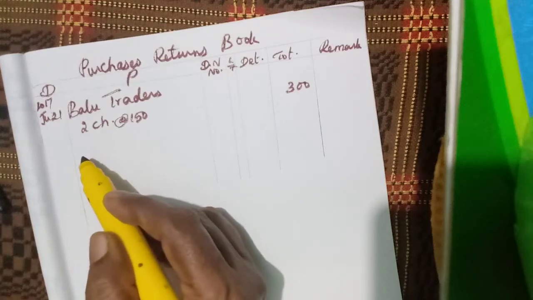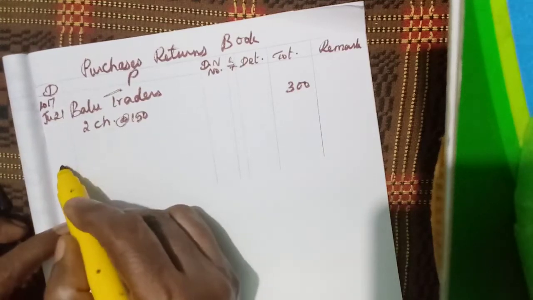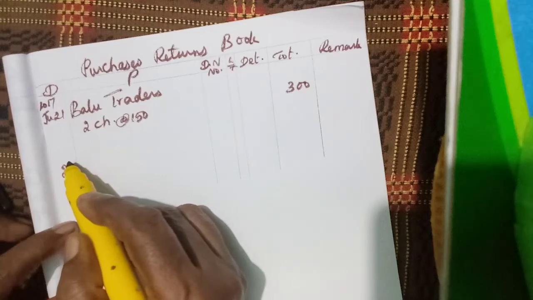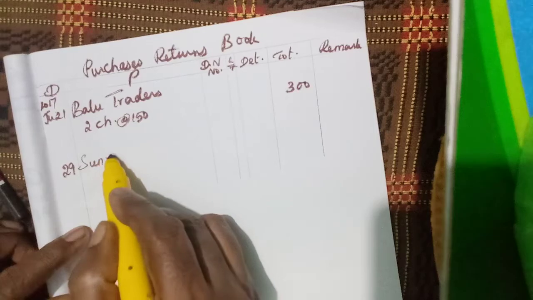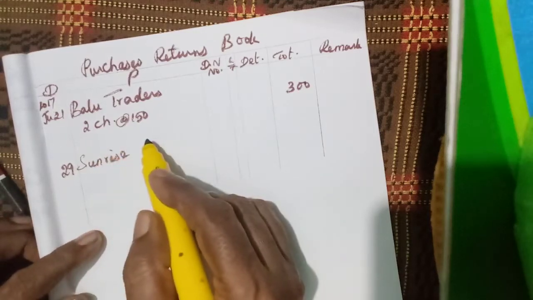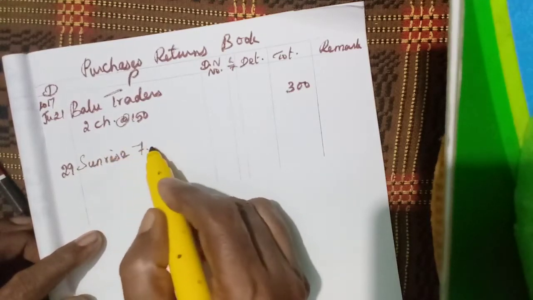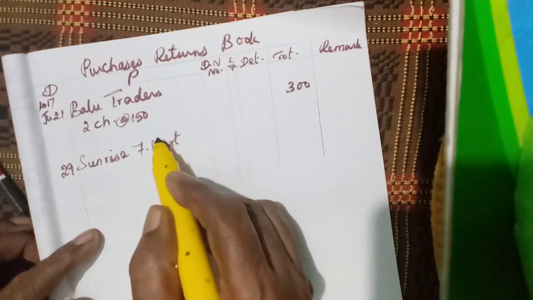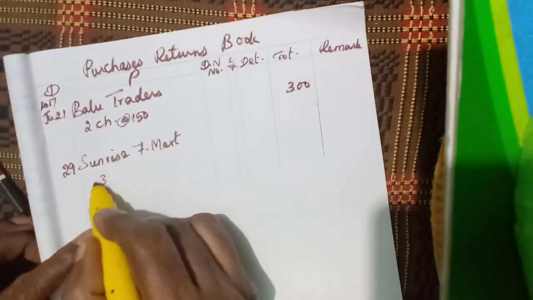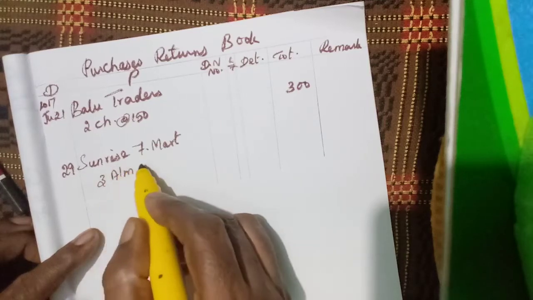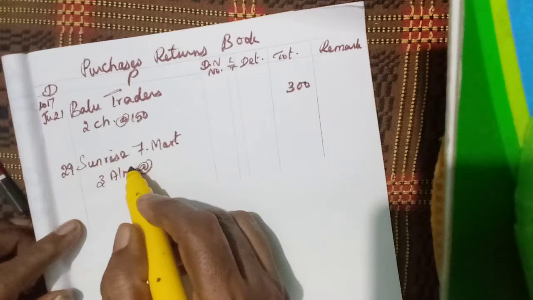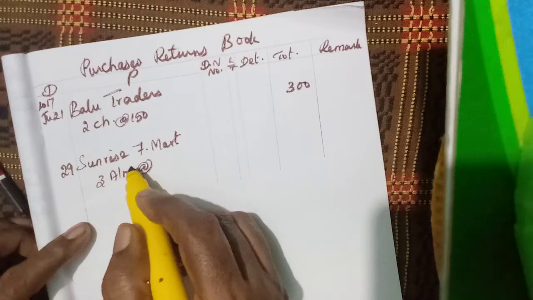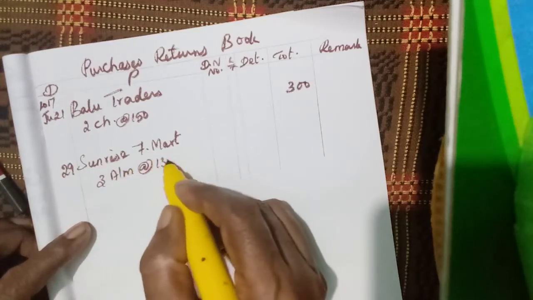Then another one, last June 29, returned 3 Almeras to Sunrise Furniture Mart. So you write the supplier name, Sunrise Furniture Mart. The description, 3 Almeras at the rate of, from Sunrise, when we bought on June 24 from Sunrise Furniture Mart, 25 Almeras at 1,300 each.